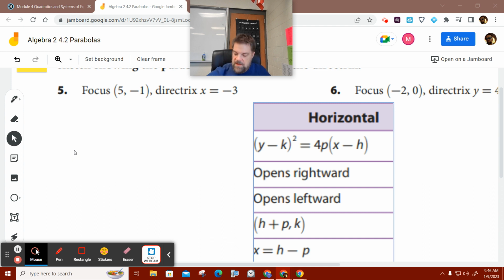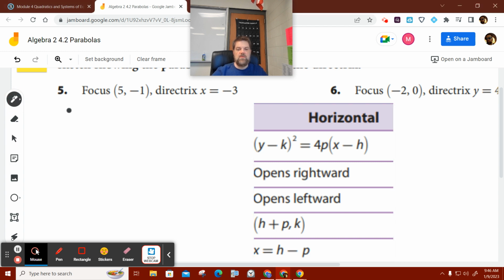Oh, I got the wrong pen. This is confusing me. So how do I do this? Well, I know I need to find h, I need to find k, and I need to find p. And then when I find those three things, I'm going to have to use this formula. So I'm going to have to do some work to plug in the formula. I know that this is probably going to open to the right based on the graph that I have.